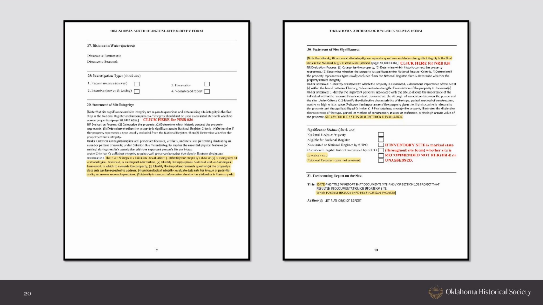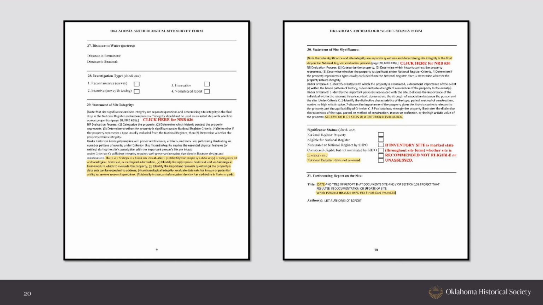And if you're reviewing site forms that have been completed by others, please take the markings in significance status with a grain of salt. Our office is maintaining, I am maintaining a database with the previous determinations of eligibility that are the result of Section 106 reviews for archaeological sites in the state.